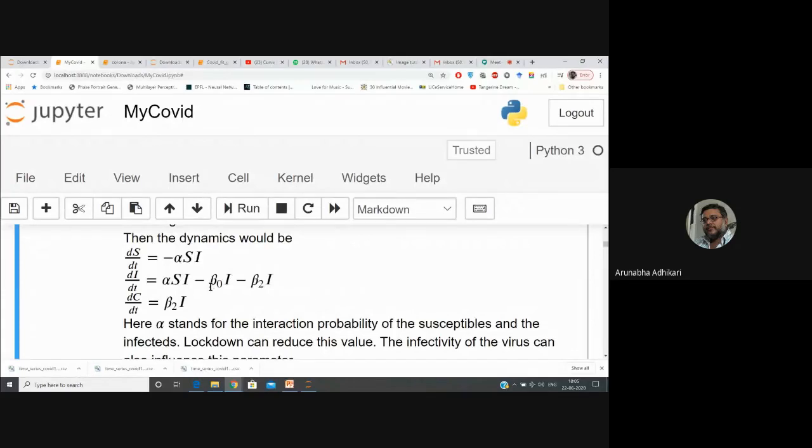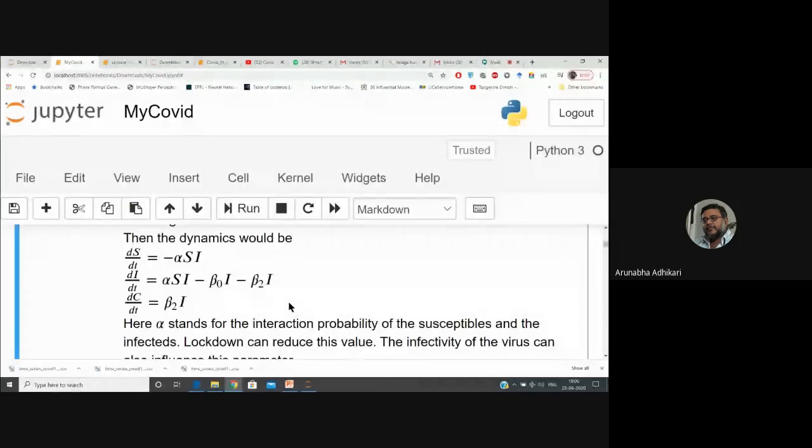Therefore, the lockdown can definitely affect alpha. Beta 2 is my testing rate, the way I'm testing, and beta naught is something that depends upon biology, meaning how many days it takes to recover. Now, alpha can definitely be reduced due to lockdown.